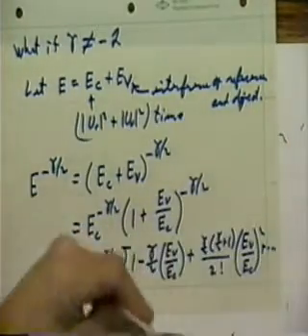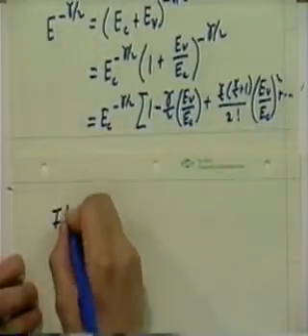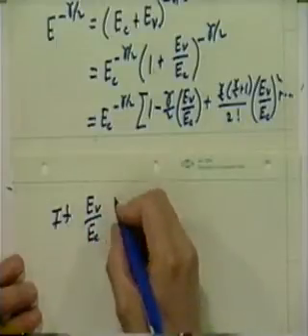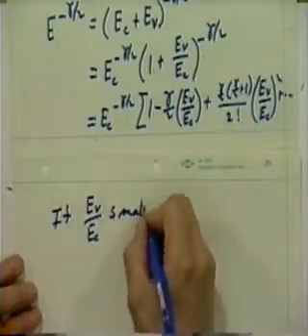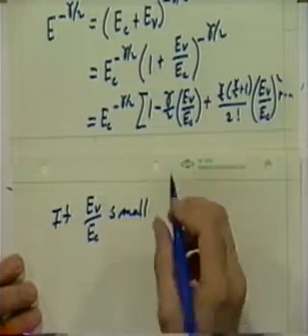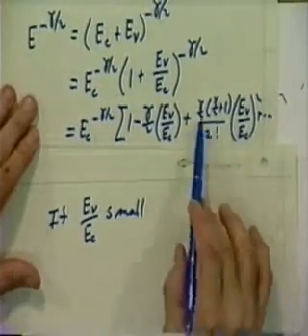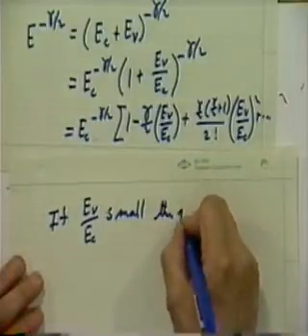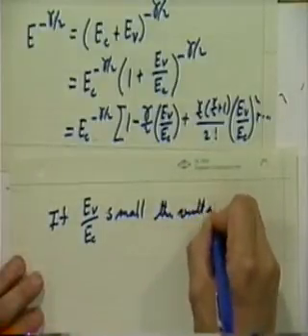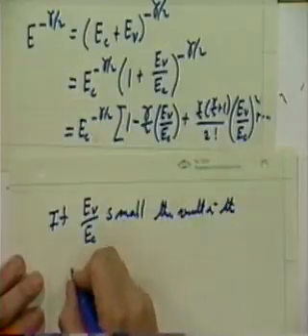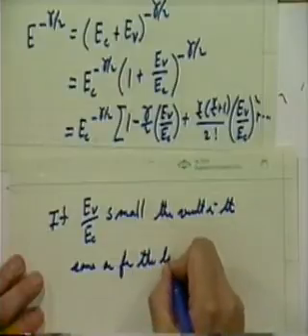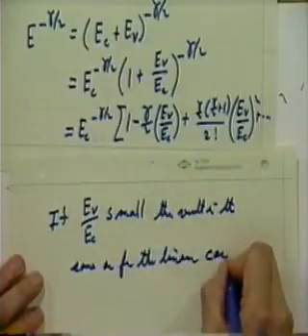So if E sub v over E sub c is small, then we can neglect these higher order terms, and then the result is the same as for the linear case.